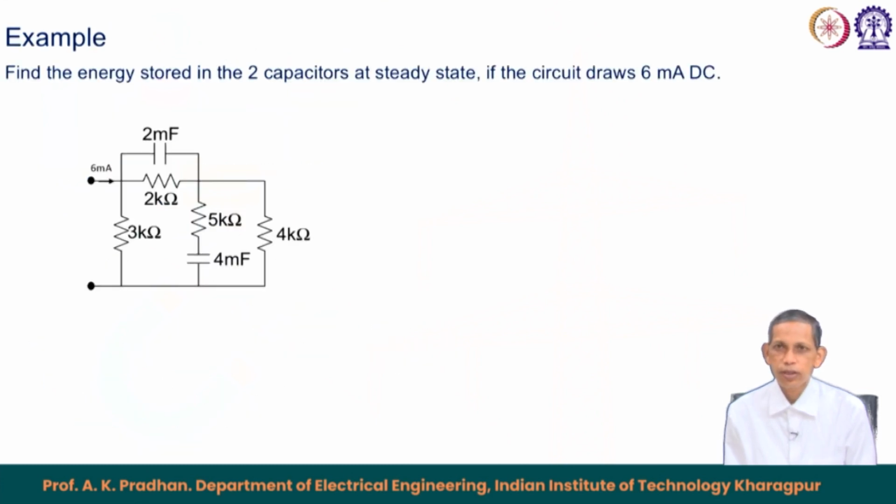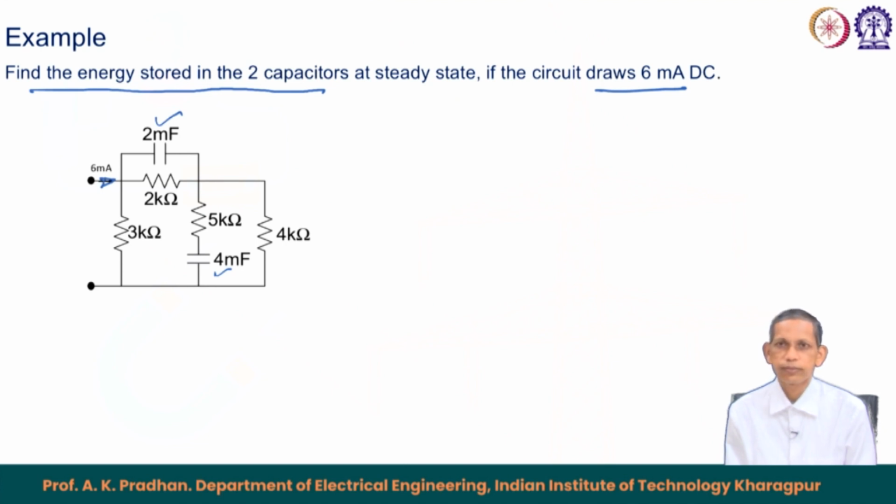Now, we will try to understand the energy concept through an example. From the properties we have studied, a capacitor becomes an open circuit in DC at steady state, and the energy stored is half C V squared. Find the energy stored in the two capacitors, 2 millifarad and 4 millifarad, at steady state if the circuit draws 6 milliampere DC from the source.